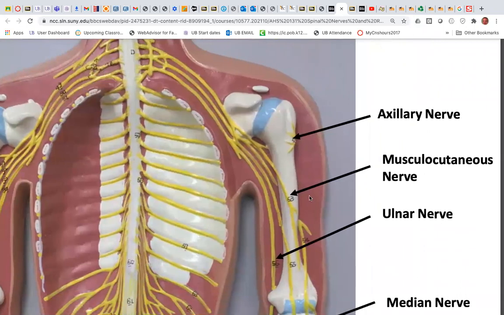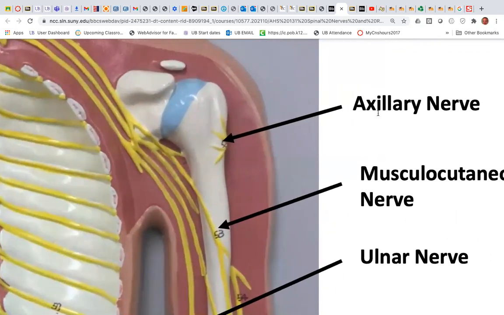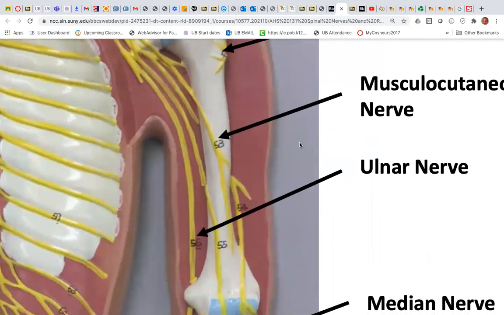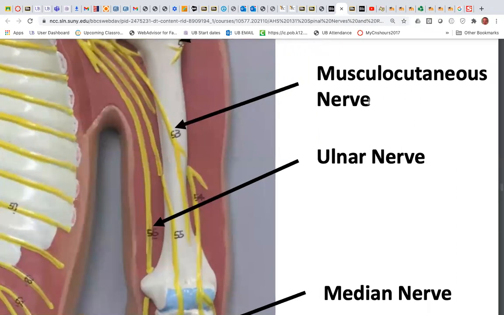Here on the upper arm, going around to the lateral side, is the axillary nerve. That goes to the deltoid muscle. Axillary nerve goes to the deltoid and teres minor. Following, looks like a number 53 here, following the anterior part of the humerus, where the biceps brachii is and the brachialis, your elbow flexors, that's musculocutaneous nerve.